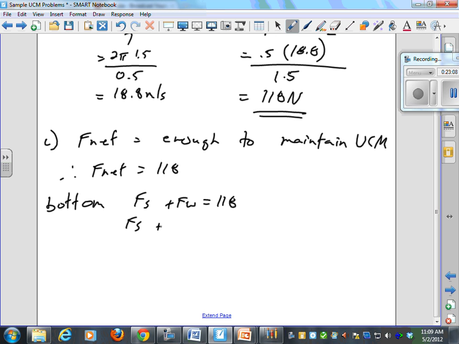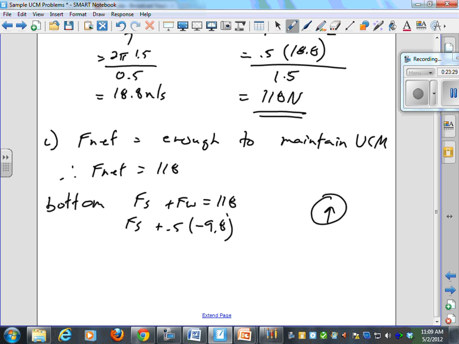Which way is the weight force at the bottom? Down, so minus 9.8. Which way is that net force, that 118? It's up.